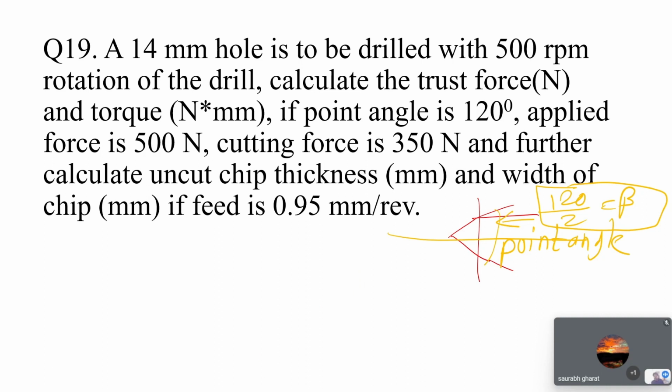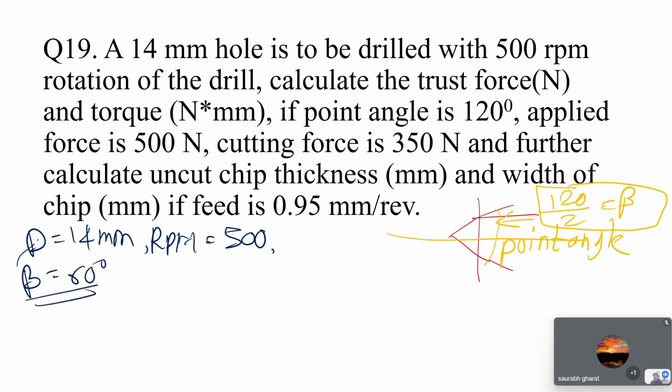You know the rest of the things already mentioned over here. You have D 40 millimeter, RPM 500. You don't have thrust. Plus your angle, so your beta will be, as I mentioned, 60 degree.